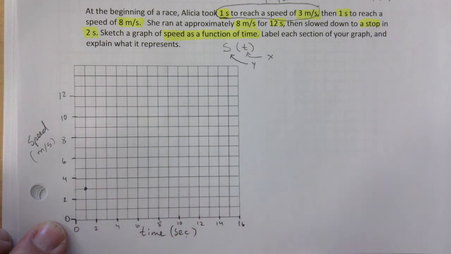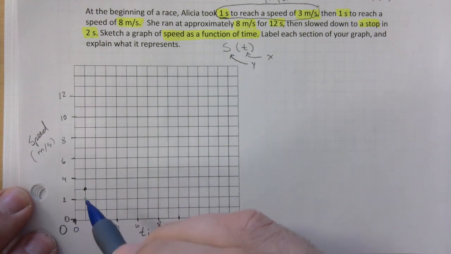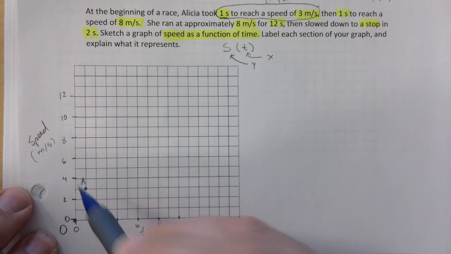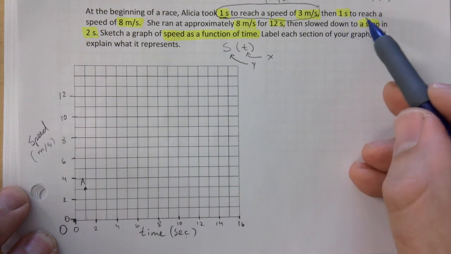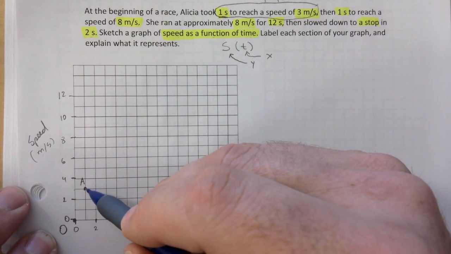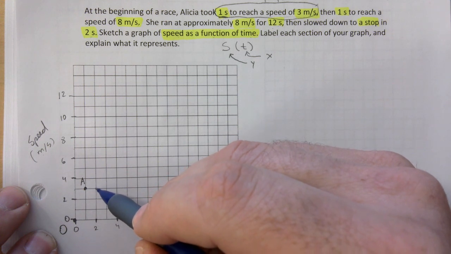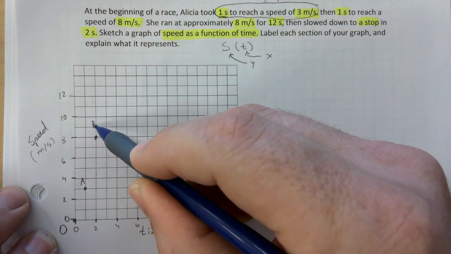Let's give it the same letters as before. So we're going to call this O. Then we're going to call this A. That point right there is going to be our A. And then it took 1 second to reach 8 meters per second. So you move over 1 second and then go all the way to 8. That'll be your second point there.